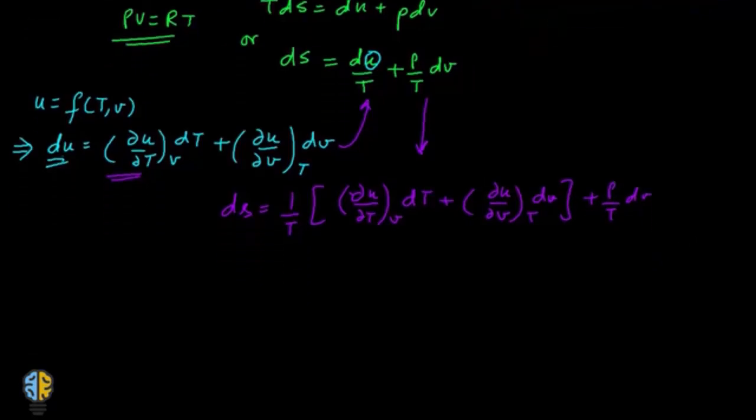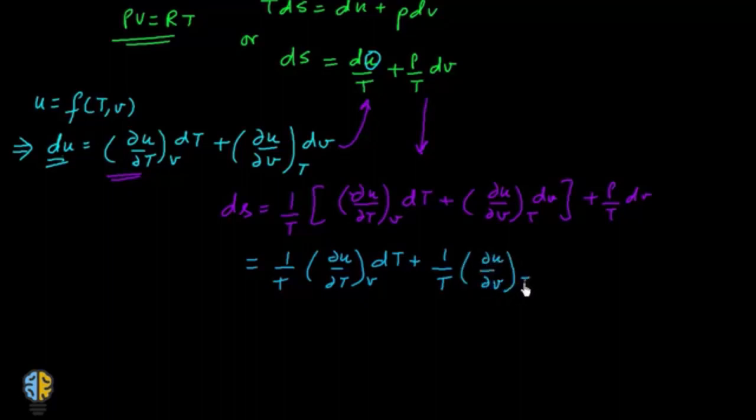Now let's manipulate it a bit further and multiply 1 by T inside the bracket. So you get (1/T)(∂U/∂T) at constant volume times dT, plus (1/T)(∂U/∂V) at constant temperature times dV, plus (P/T) dV. If I look at these two terms, I have dV/T as a common factor.